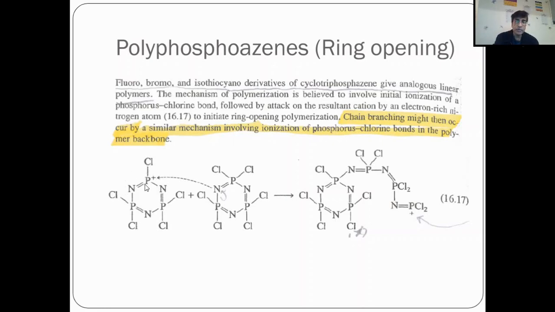That is why, if you do the heating for a longer period of time, then this Cl or this Cl or this Cl may ionize and cross linking takes place. Read this point. Chain branching may then occur by a similar mechanism to the one I showed you. So a branch can start from here, a branch can start from here, but not very close to each other because of steric hindrance. So yes, branching may also take place, and that leads to the cross linking.